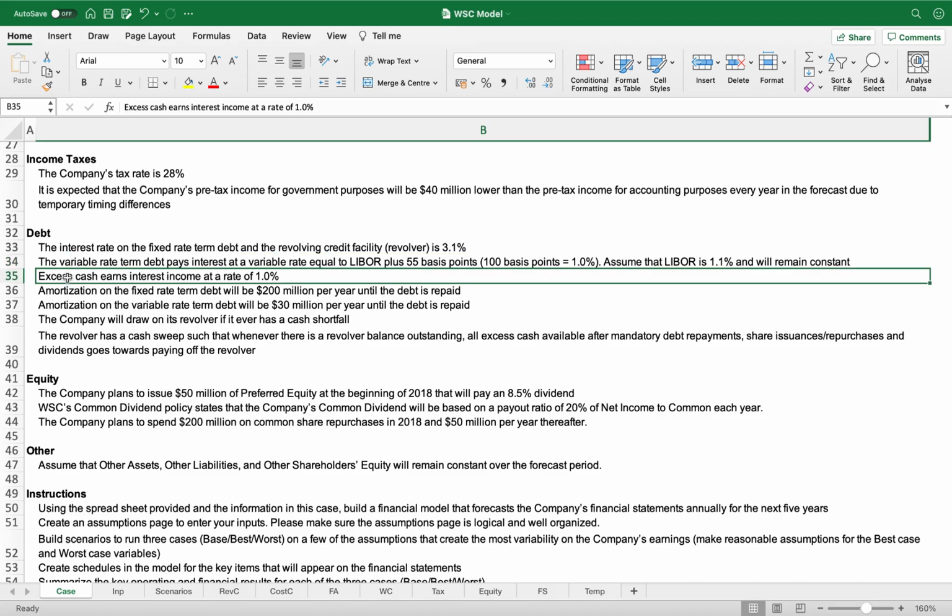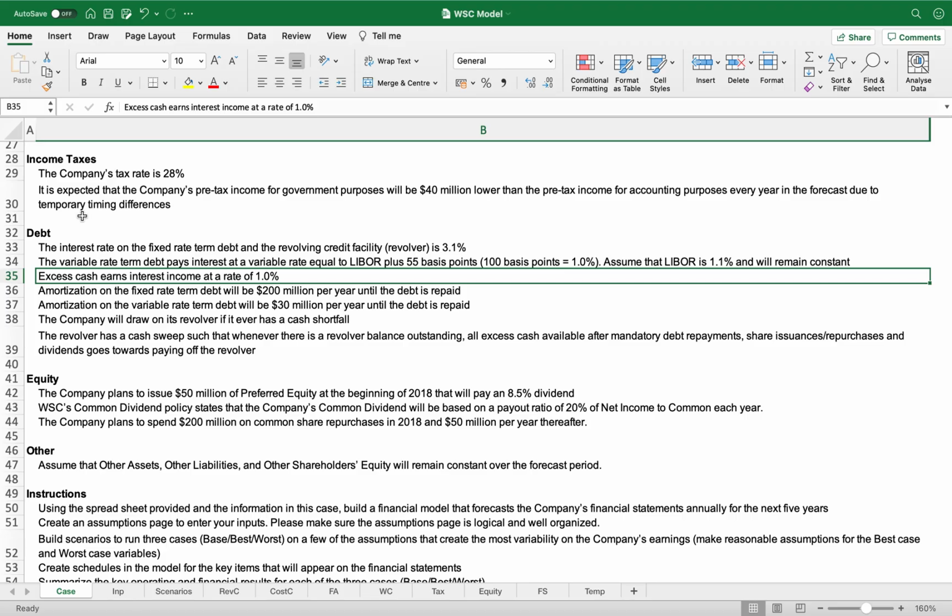Then we are given that any excess cash, what is excess cash? Whatever is my cash after meeting all the commitments that is lying with me, that is excess. That excess cash will earn interest income at a rate of 1%. So it's not only the interest expenses that a company incurs, the company also gets the benefit of having surplus cash, in the sense of interest income from the bank. Okay.